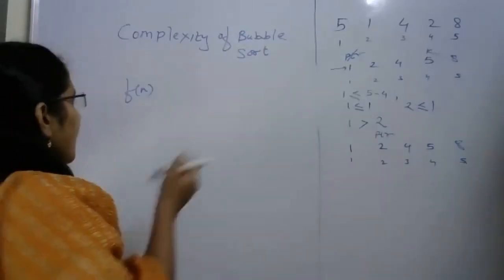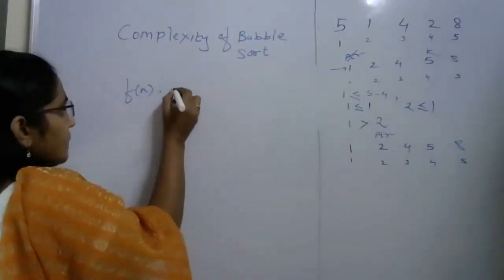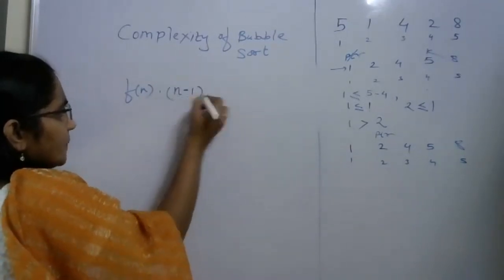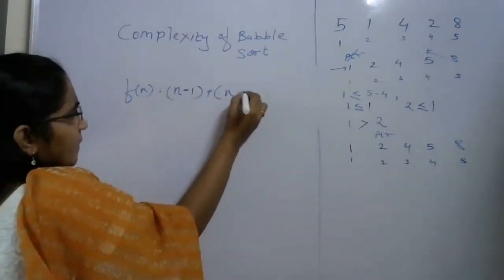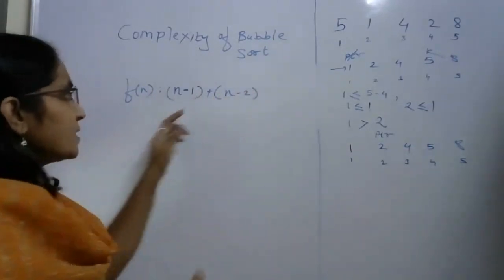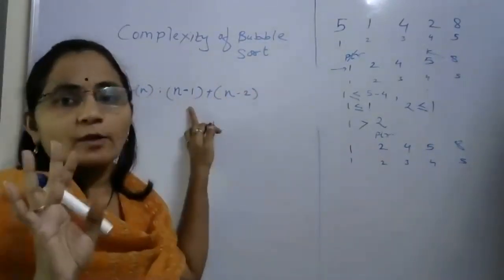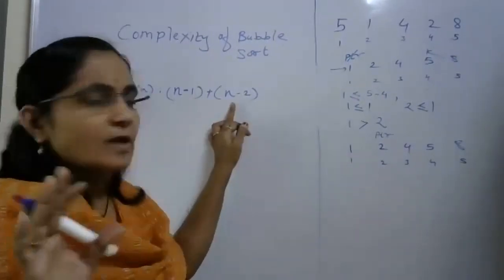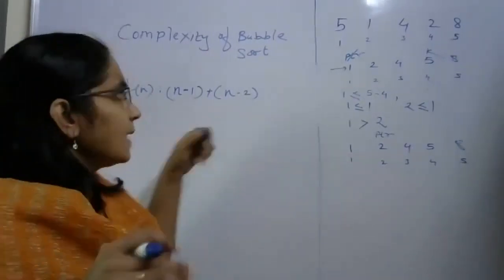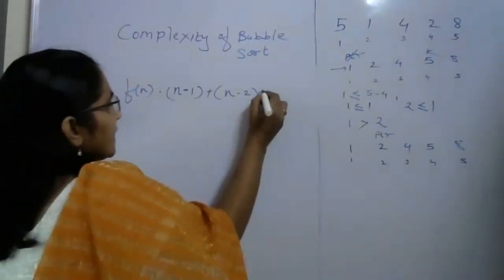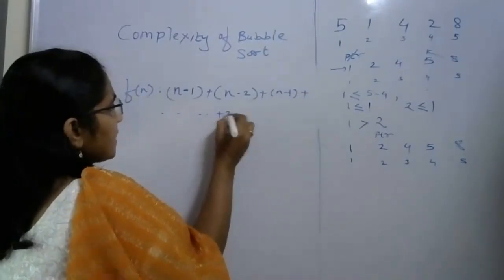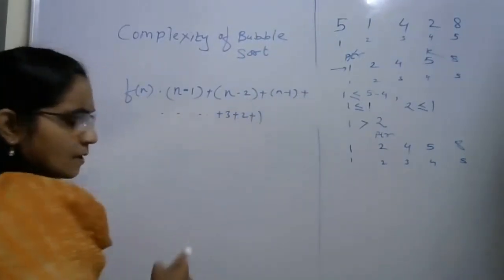I already told you that in the first pass we require n minus 1 comparisons. In the second pass we require n minus 2, because in the first pass we have 4 comparisons, meaning 5 minus 1, and in the second we have 3 comparisons. Similarly, the series is n minus 1 plus ... plus 3 plus 2 plus 1.